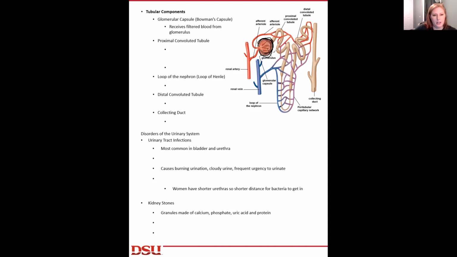All right, so now we're going to look at the proximal convoluted tubule, which is being shown here. Okay, proximal convoluted tubule. This one has a brush-like border. We know that whenever we have little projections coming off of the cells, it's usually for more surface area, and that's the case here.